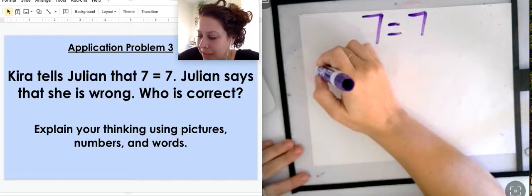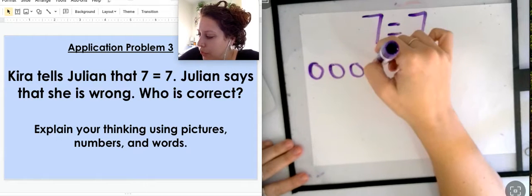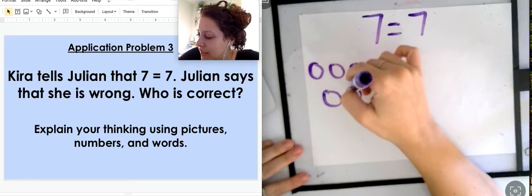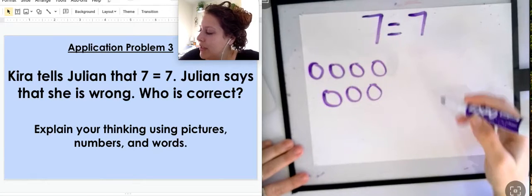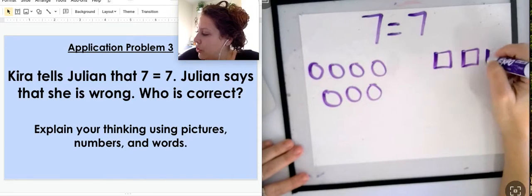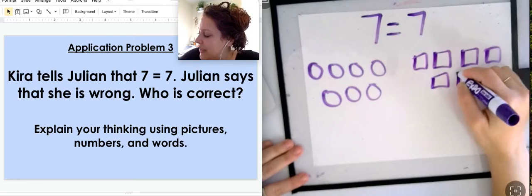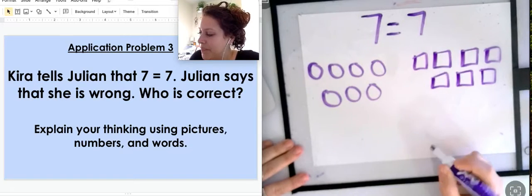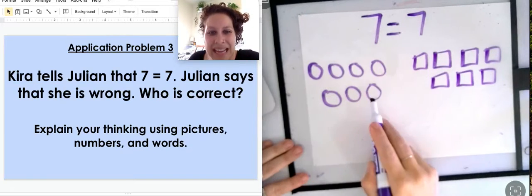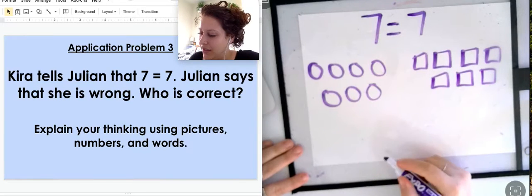So I wonder, let's put 7 circles. 1, 2, 3, 4, 5, 6, 7. And now let's put 7 squares. 1, 2, 3, 4, 5, 6, 7. There is the same amount in each of these.